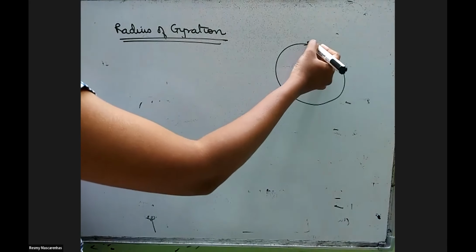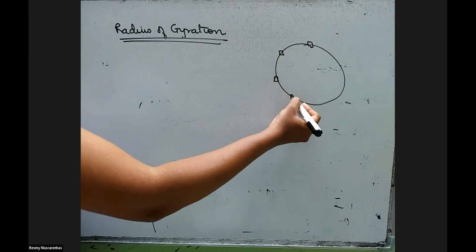I forgot to download the image, but just consider, suppose this is a giant wheel and people are there at various places.